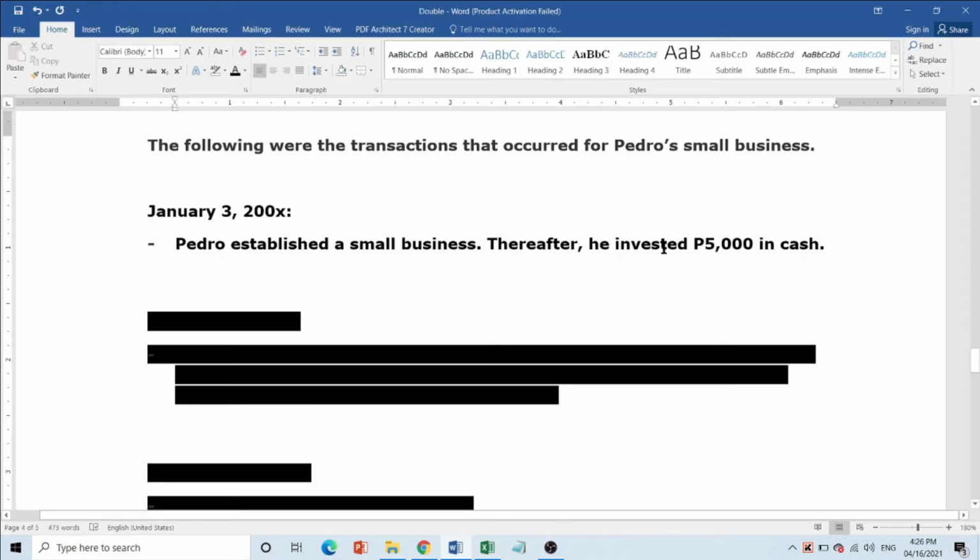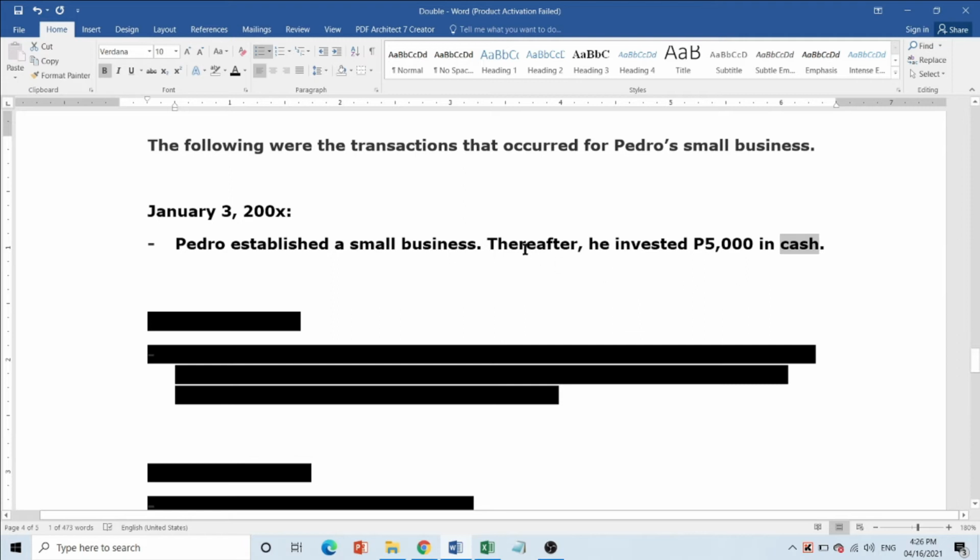Now, he invested 5,000 in cash. So, mayroon po tayong clue na in cash. So, meaning, since cash po siya, yung mangyayari niyan, yung ma-receive nating cash, is yung effect niya is mag-i-increase naman po yung ating asset.